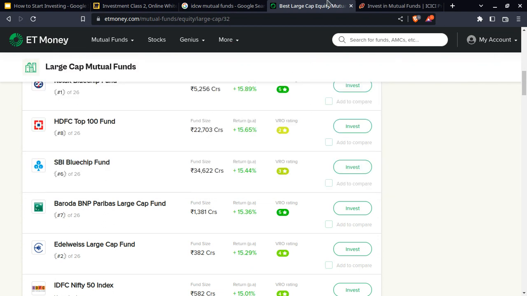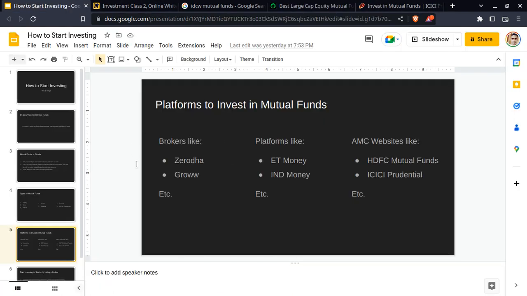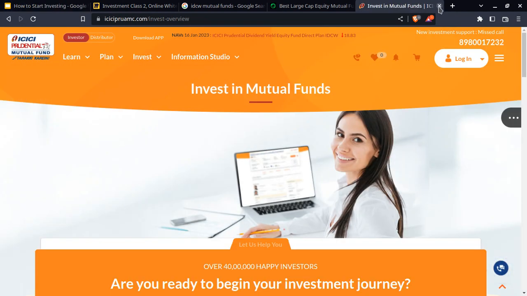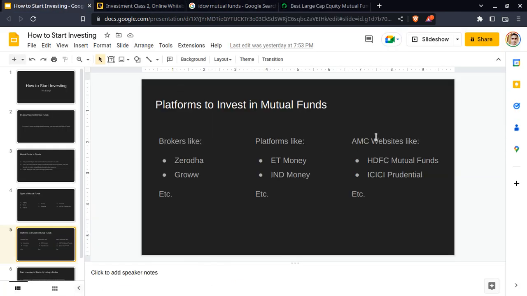That is why I generally prefer investing through brokers or these kinds of platforms. In AMC websites, you will only get what that company shows. Like on the ICICI Prudential website, I'll only get the funds provided by ICICI Prudential. So I don't generally prefer going to AMC websites.